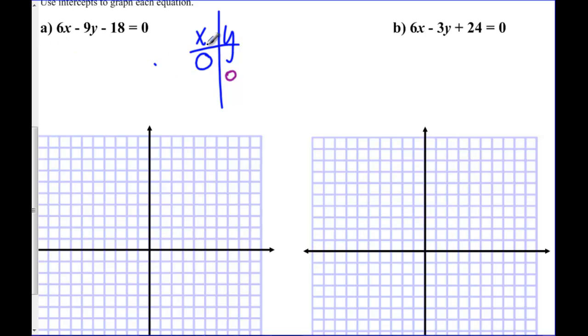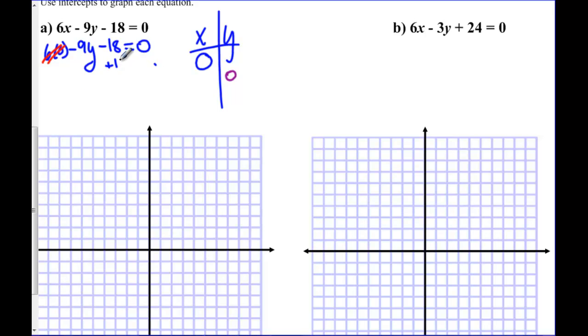So the quickest way, just plug stuff in. x is 0, we're going to plug that in first to solve for y. So we have 6 times 0 minus 9y minus 18 equals 0. That 6 times 0 we don't care about because it's just 0. So now I've got negative 9y minus 18.